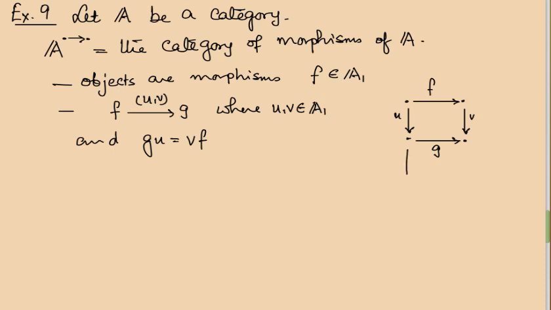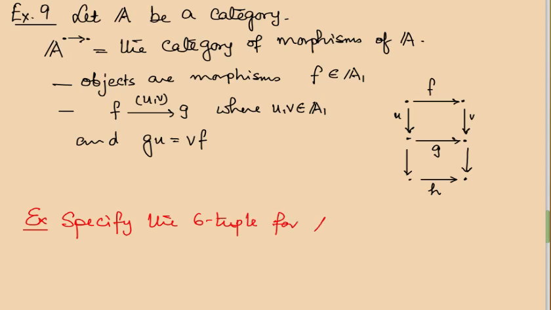You'd have another such thing, and then you compose the left hand side, the vertical ones, and the right hand side, so that gives it. And that composition has to be associative and have identities. So I leave it again as an exercise. Specify the sixth tuple. Okay.